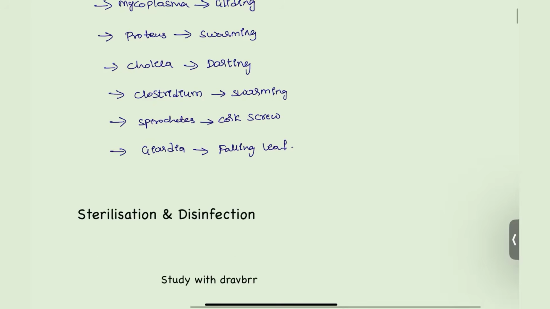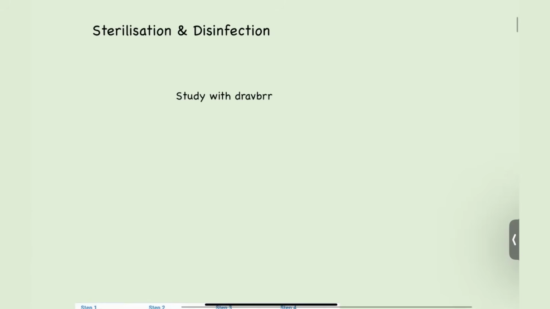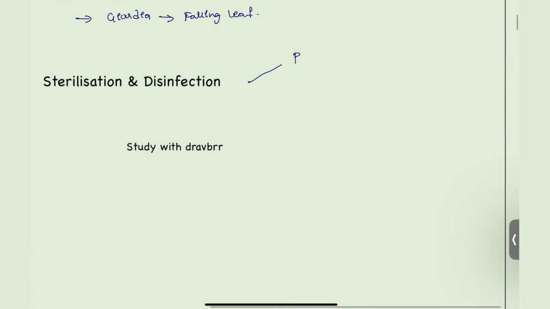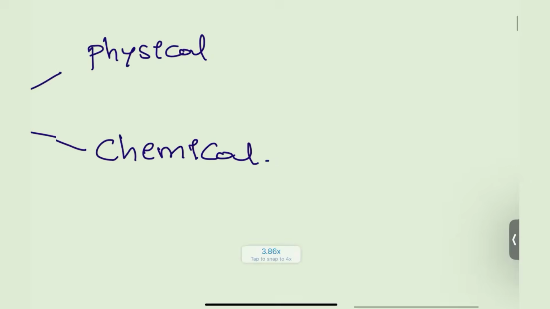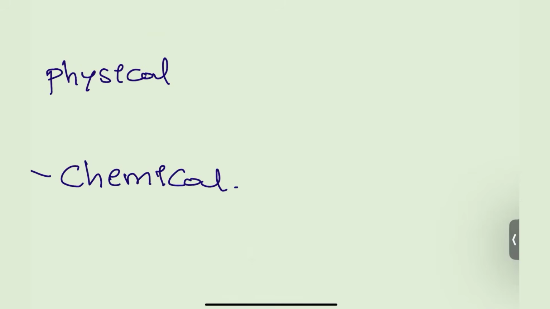Next, sterilization, disinfection. We have two types of sterilization. One is the physical methods and another one is the chemical methods. In the physical methods it is again subdivided into heat, radiation, and so on. What are the examples?